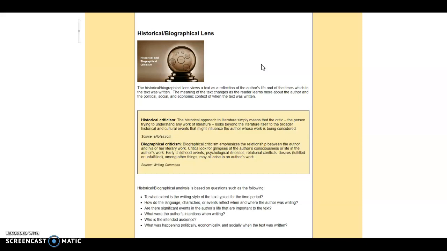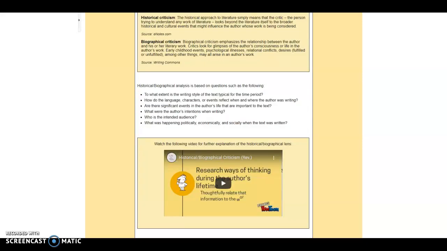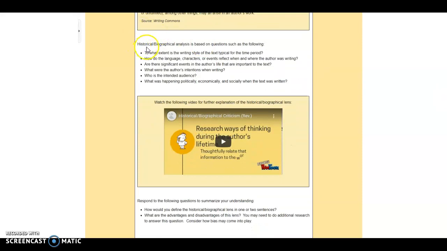So a couple of questions that you can consider when looking at a story from the historical biographical lens is, to what extent is the writing style of the text typical for the time period? So for example, if you read something from Shakespeare's time, it's certainly going to look and sound a lot different than if you read something that was written in 2021.